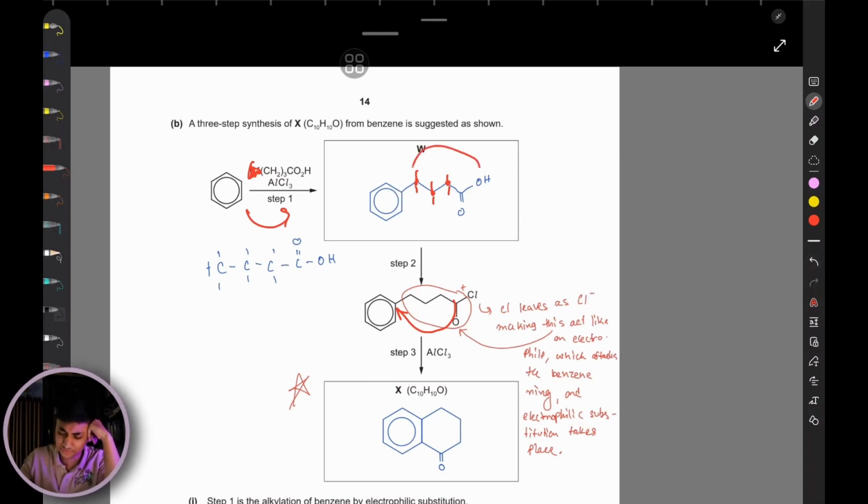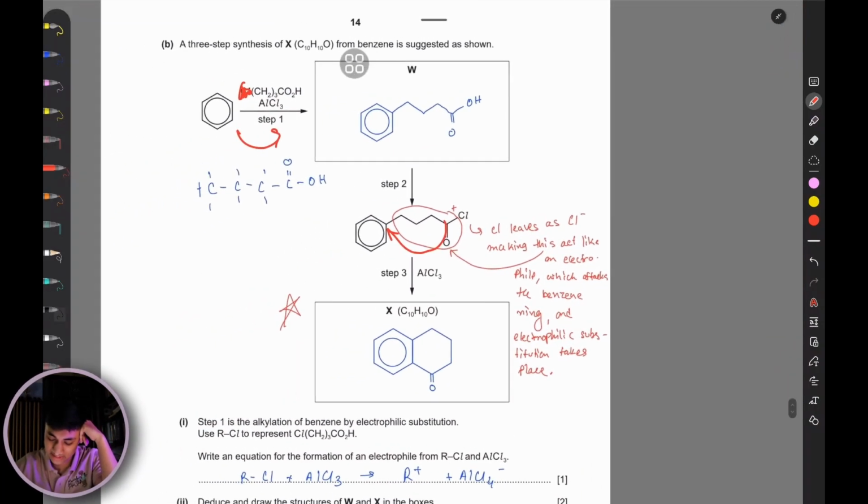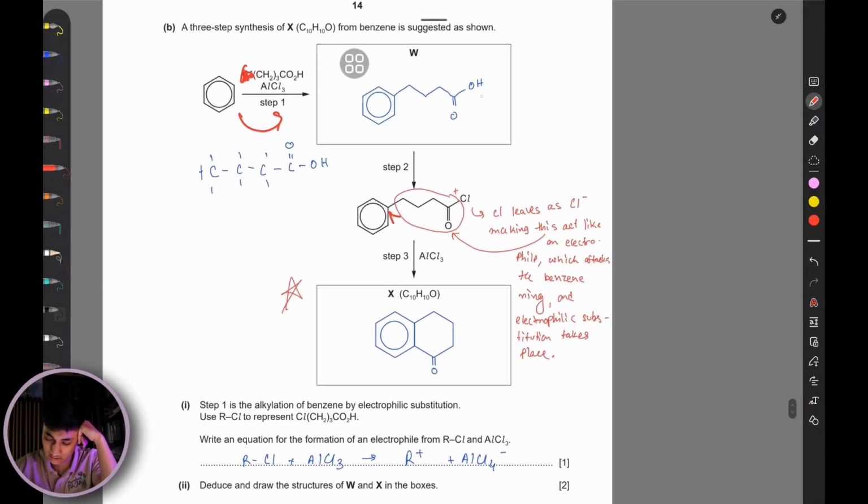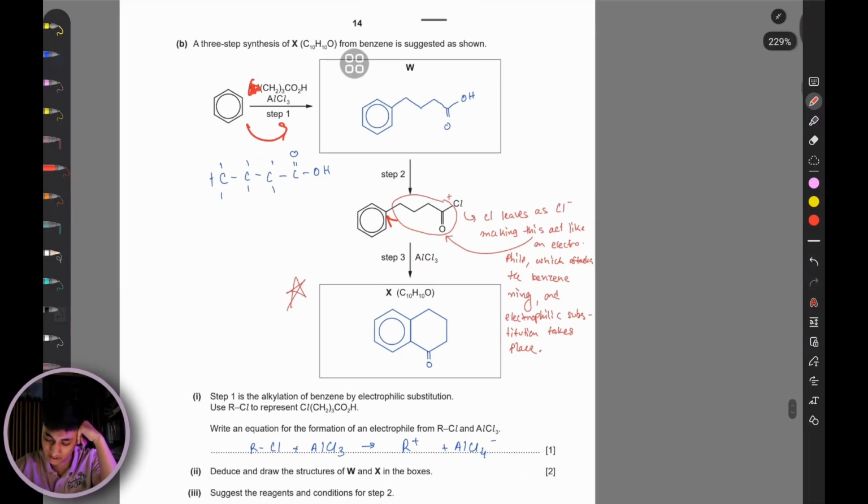Fair enough. So this substitution took place, and this carboxylic acid group got added. Okay. Now in step 2, what's happening? In step 2, this carboxylic acid OH group has been replaced by Cl.